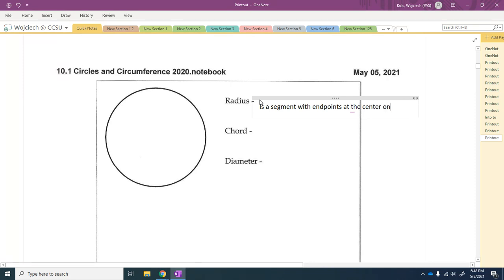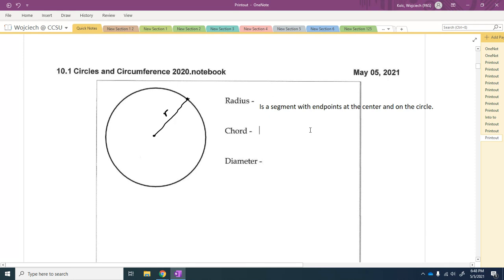and, okay, so obviously radius would be the segment from the center to the point on the circle, so this is your radius. A chord.